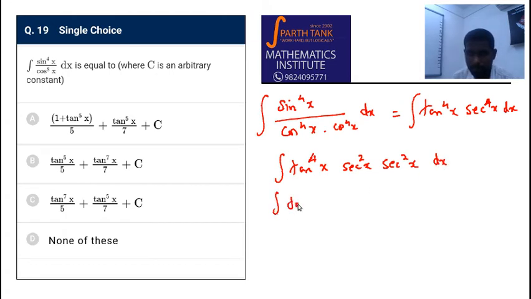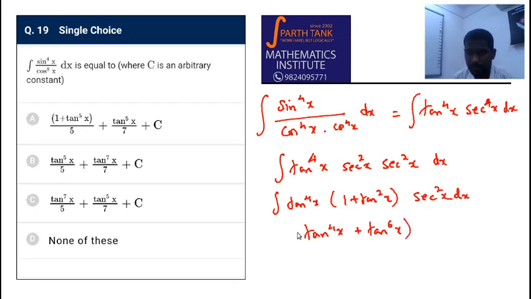So this would mean tan power 4x 1 plus tan squared x secant squared x dx. This becomes tan power 4x plus tan power 6x times secant square x dx. So take t is equal to tan x, dt is secant squared x dx.